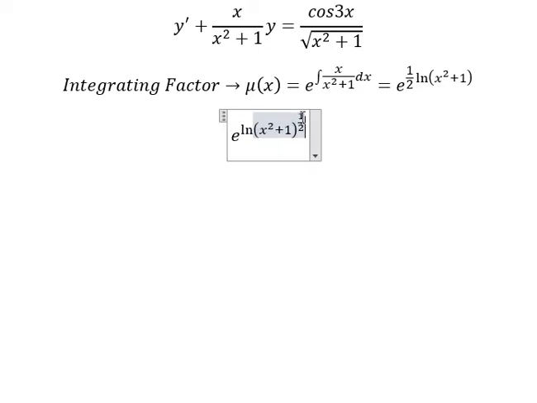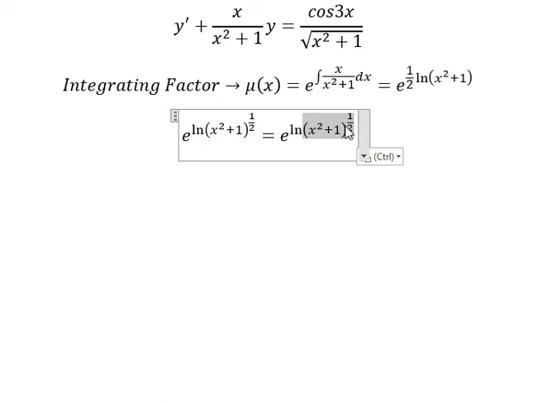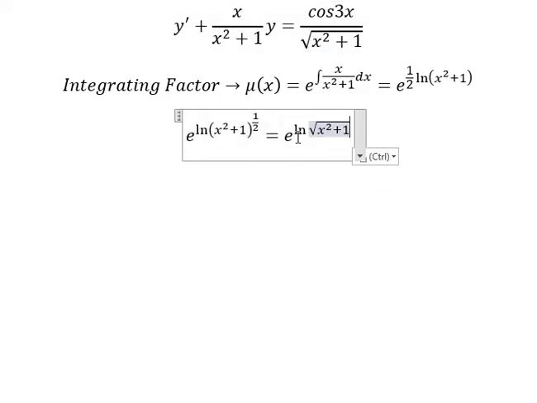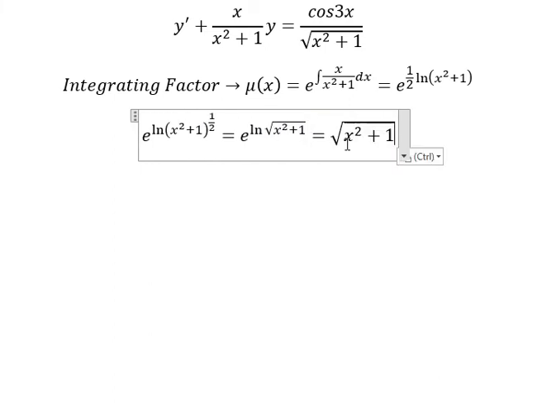And we know that 1 over 2 is the square root. e to the power of ln, you will get the square root of s squared plus 1.